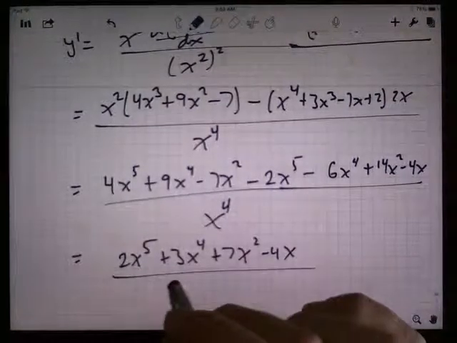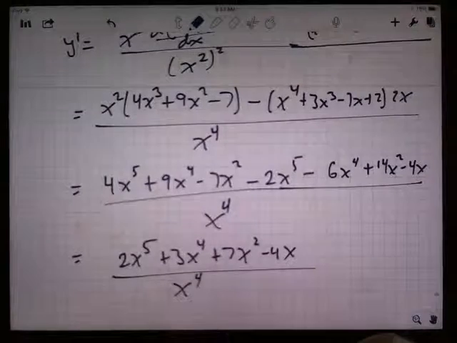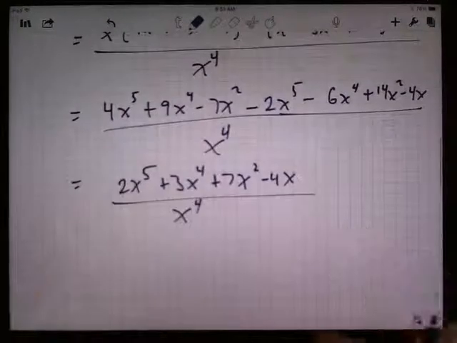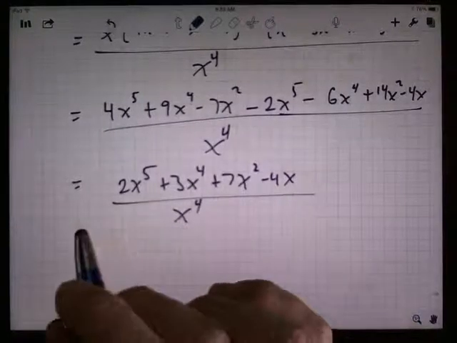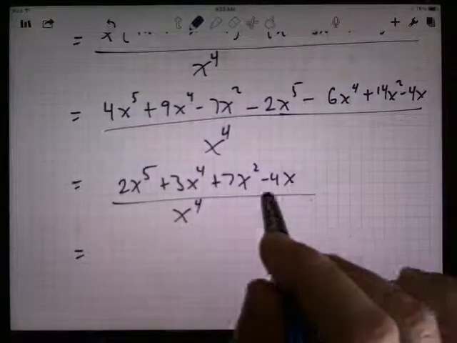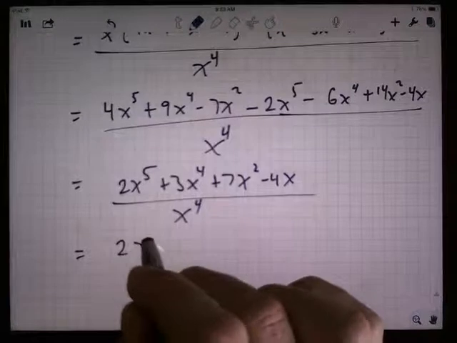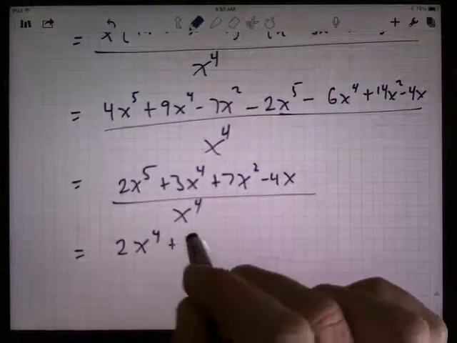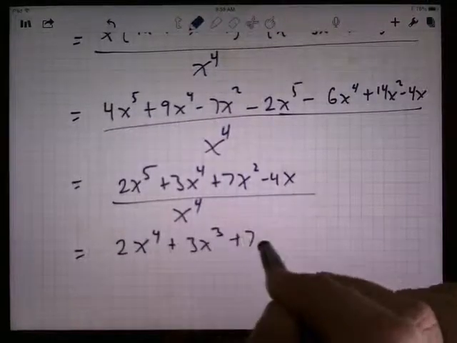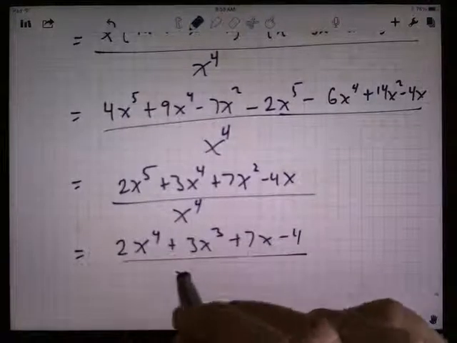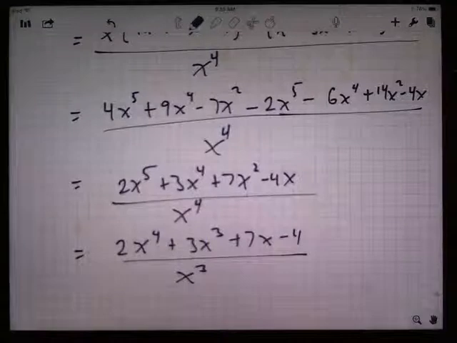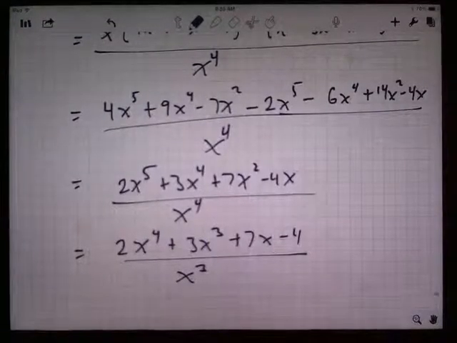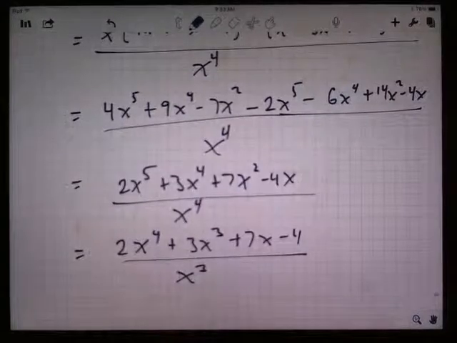And the whole thing is divided by x to the 4. One last thing I can do is factor an x out of everything and then cancel it with the bottom. So I can just cut these all down by 1. So I've got 2x to the 4 plus 3x cubed plus 7x minus 4 over x cubed. So I canceled out one of the x's with all of that. So there's one way of taking that derivative.